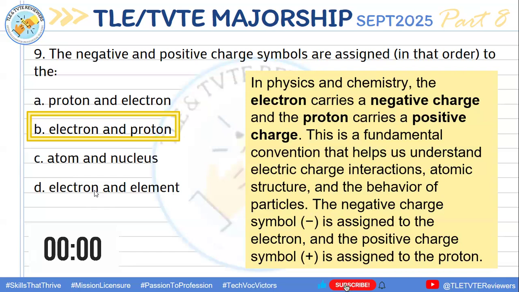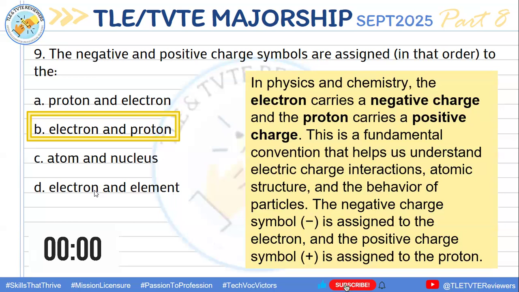Letter C, atom and nucleus. This is incorrect because an atom is overall electrically neutral when balanced. Though it contains charged particles, the nucleus itself contains protons, the positive charge, and neutrons, which are neutral. But the atom itself is not simply assigned a positive or negative charge symbol.